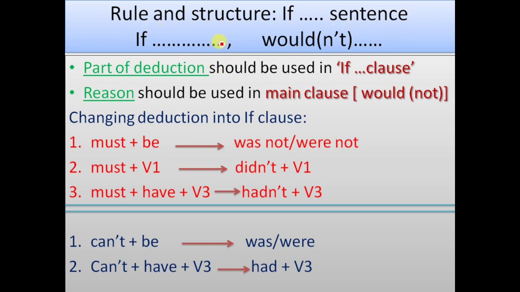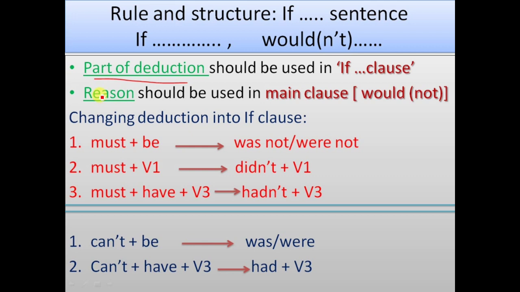Dear friend, the part of deduction should be used in if clause, and the part of reason should be used in main clause, or the clause that contains would or would not. So let's change part of deduction in if clause.